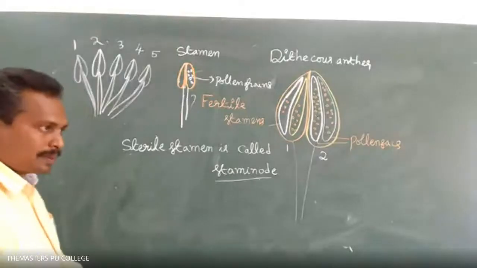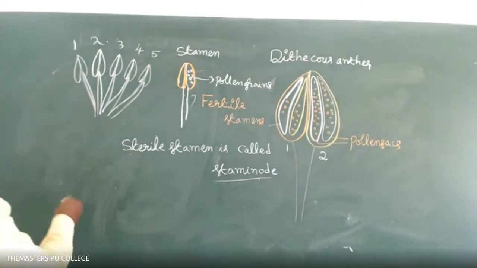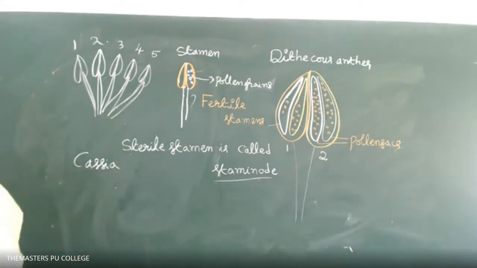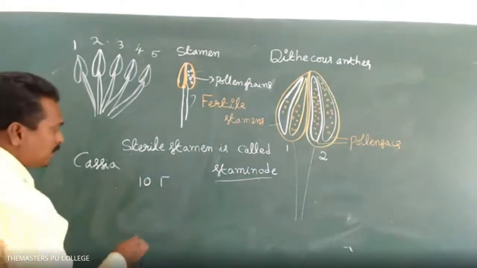Why are they not able to produce pollen grains? That's nature. Suppose in the acacia plants, 10 flowers are there, 10 stamens are there in each flower.